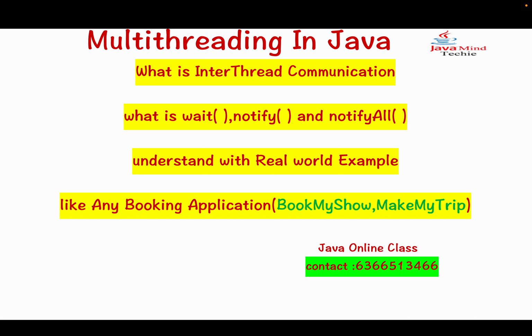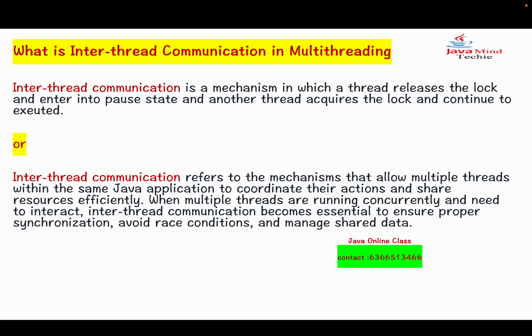So like any booking application, it might be BookMyShow, MakeMyTrip, any booking application, right? Then first we should be aware of what inter-thread communication in multi-threading is. Just like you have heard earlier, what is inter-process communication?